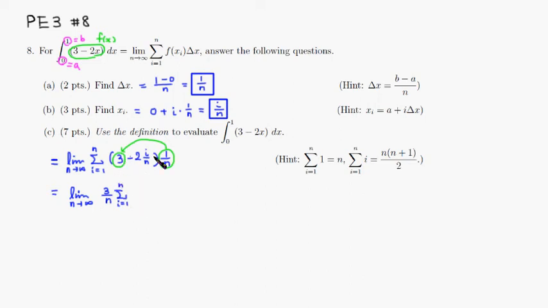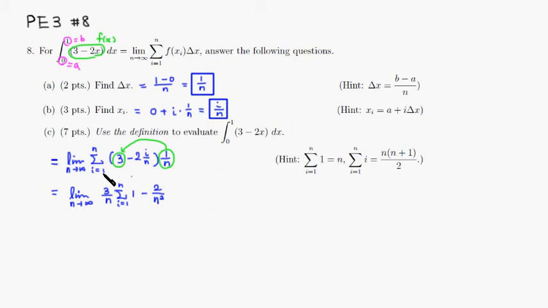You have a 3 over n already pulled out, so you have 1 left over here. Then you have minus 2 over n squared, because you have 2 n's there. So it's going to be minus 2 over n squared.